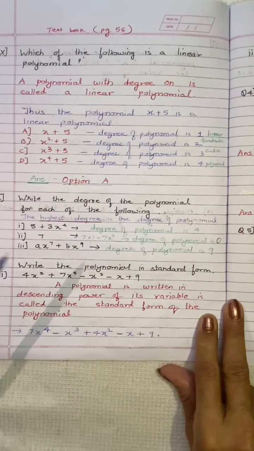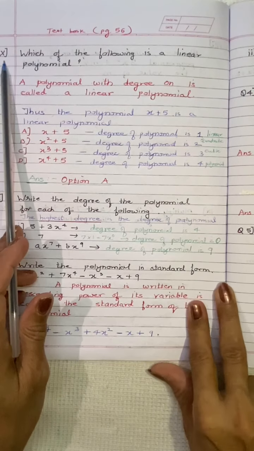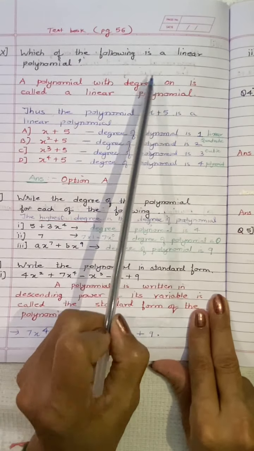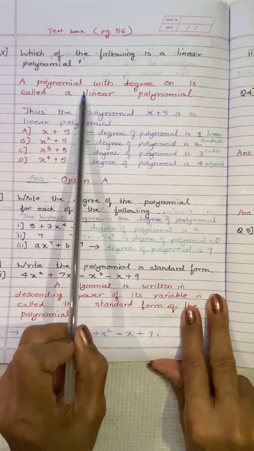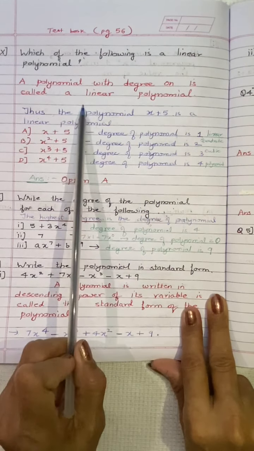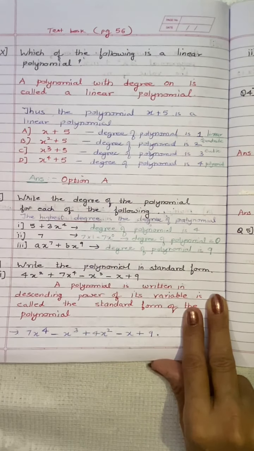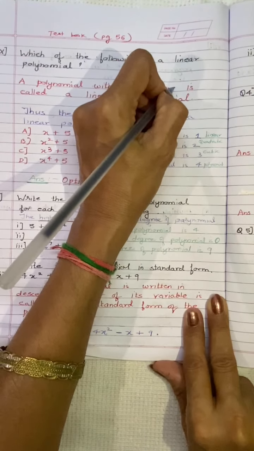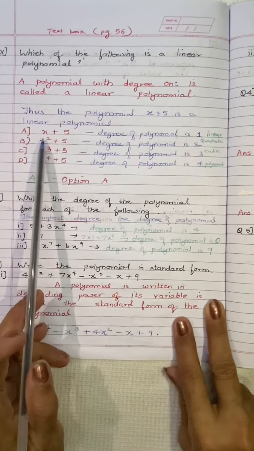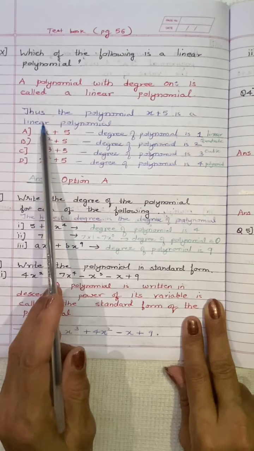Now textbook page 56, 10th sub question: which of the following is a linear polynomial? A polynomial with degree 1 is called a linear polynomial. So we have to find out which are the linear polynomials.